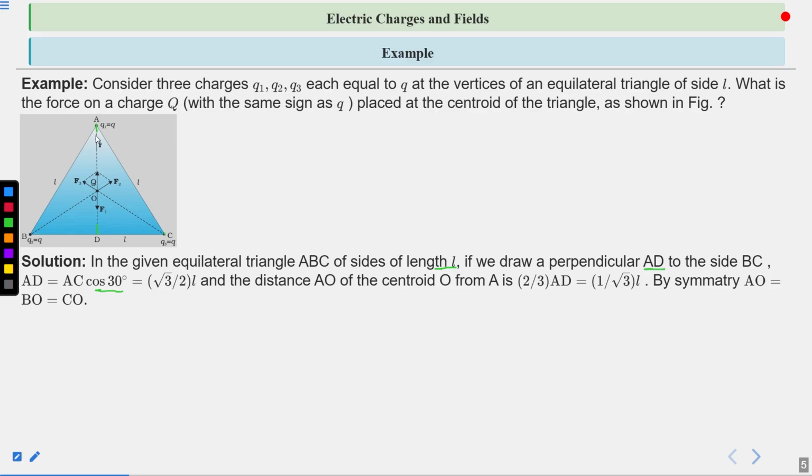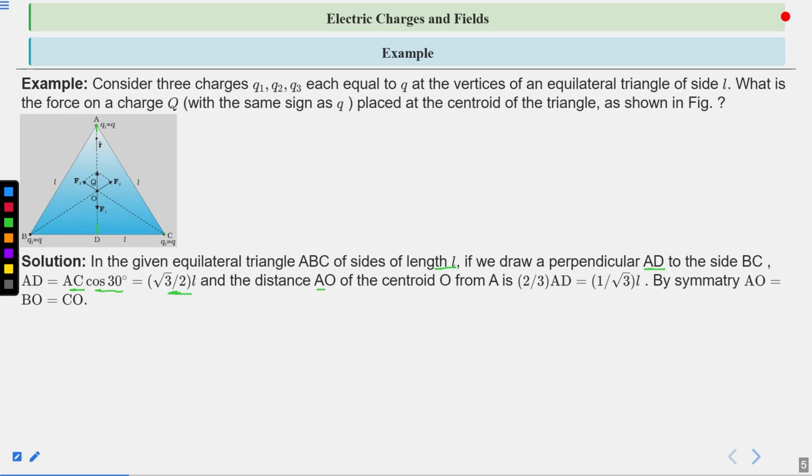Look here, AD is equal to AC cos 30. And we know AC is L and cos 30 is root 3 by 2. So AD is equal to root 3 by 2 multiplied with L.